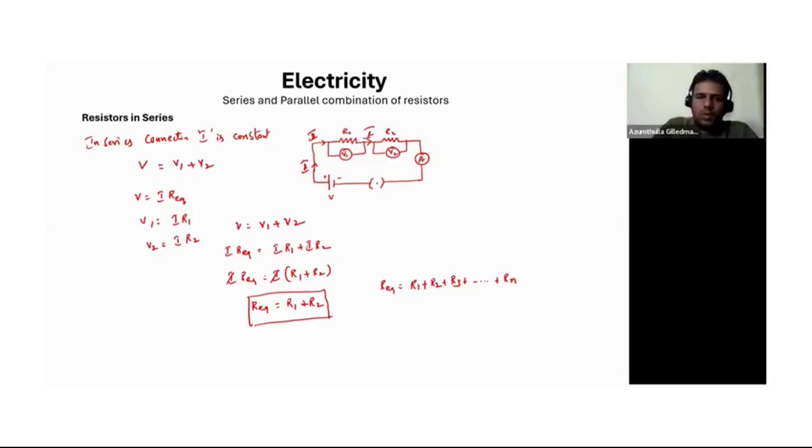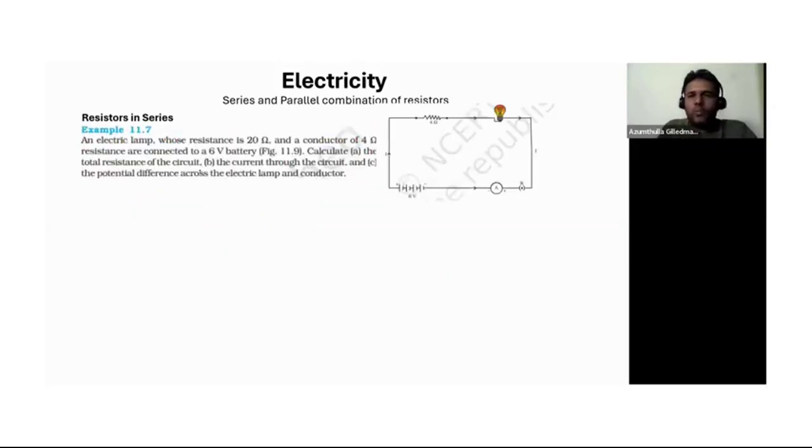Understood? Now, let's do a problem, right? So, in this example, an electric lamp whose resistance is 20 ohms. So, this lamp here has 20 ohms resistance and a conductor of 4 ohm resistance are connected.